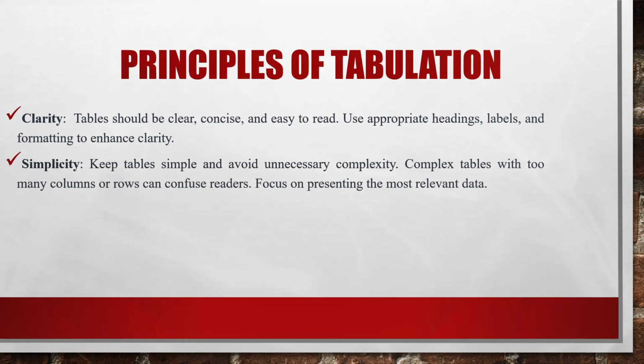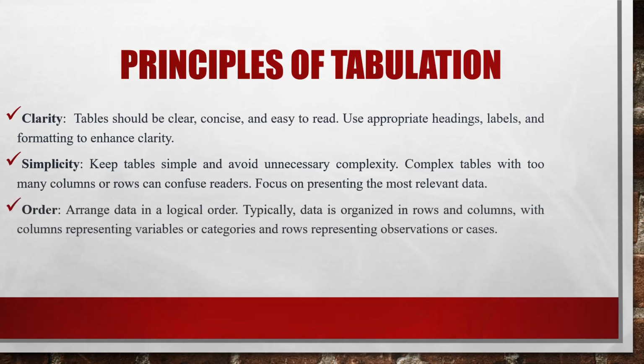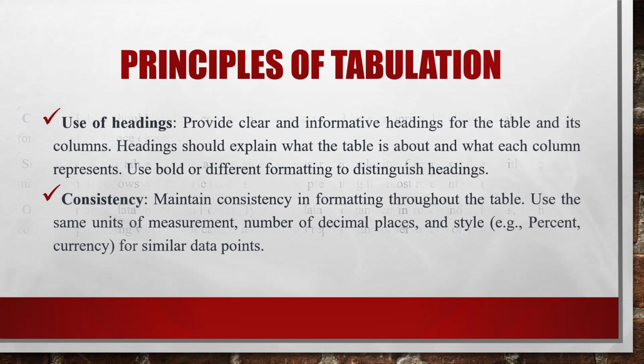We should avoid unnecessary data, and the arrangement of data should be in a logical order. And saying about the heading, we should provide a clear and informative heading for the table. The column headings and row headings should mention what is included in that row or column.